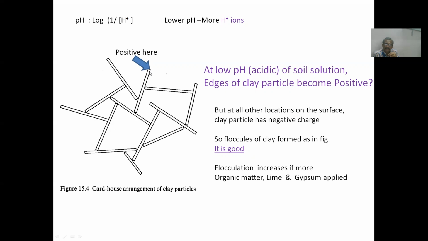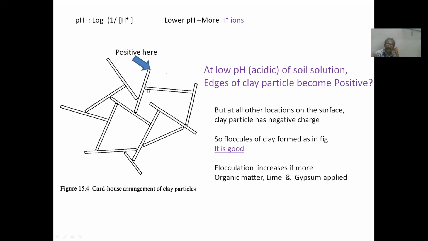So on the surface you have more negative charges, and at the edges you have a positive charge.